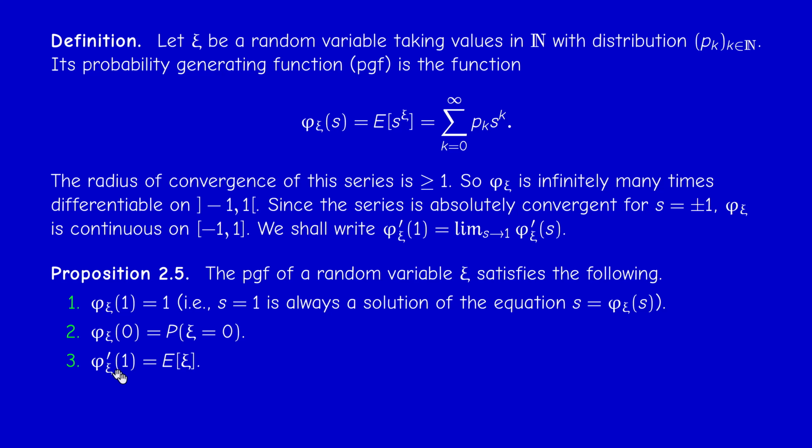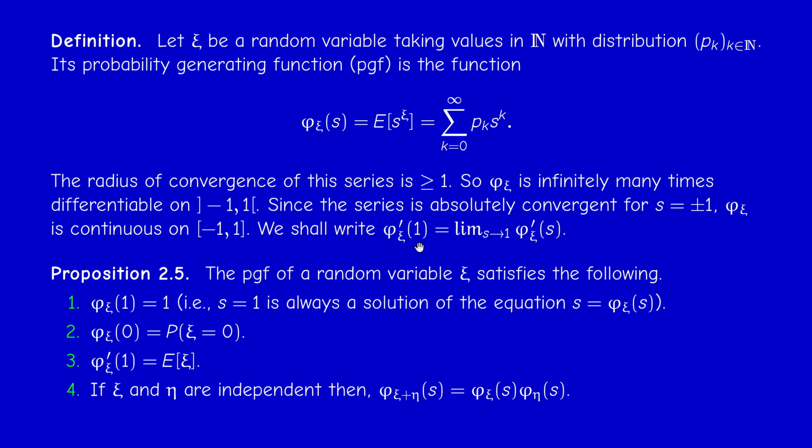So phi xi prime actually is the expectation. This is not difficult to see, but this expectation could be infinity actually. So this is just a number between 0 and infinity. And if xi and eta are independent, then the probability generating function of xi plus eta is the product. You may know this for moment generating function, but it's still true for PGFs. Okay, this is not difficult.